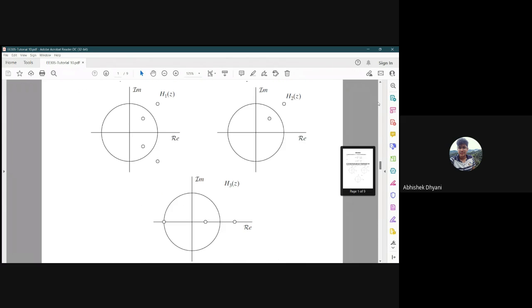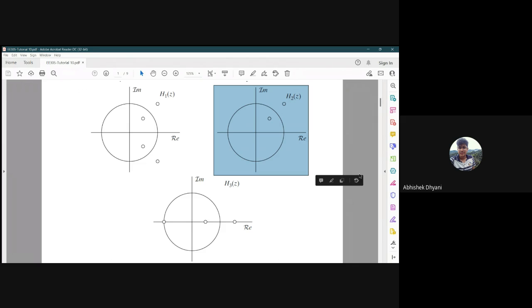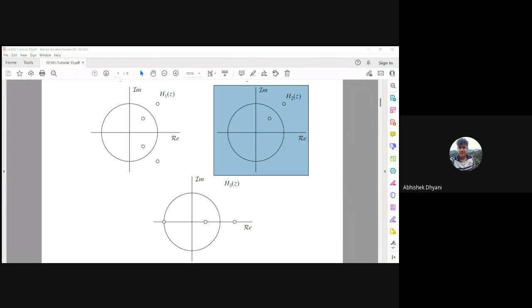So now let us look at the second case. For this one, I'll ask you all if you think this is a generalized linear phase system or not. What do you think about this one? Any ideas?